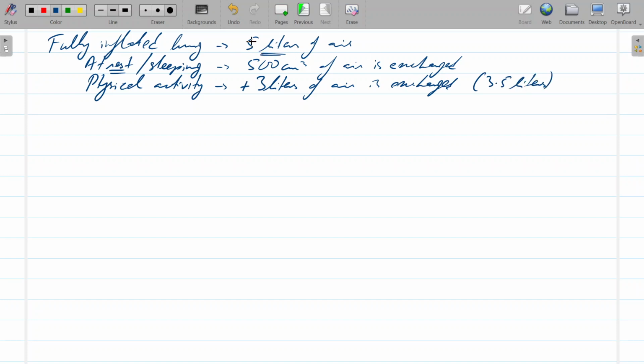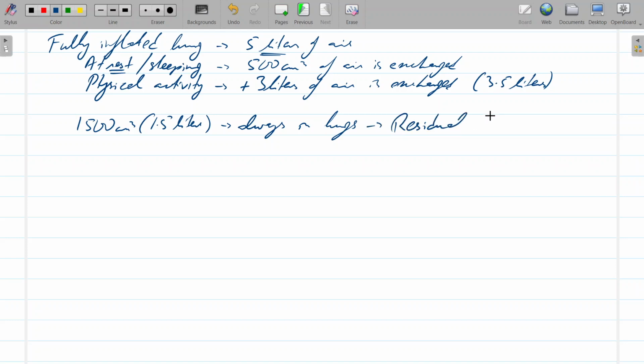What about the rest? It's a 5 liter capacity, so there's around 1500 cubic centimeters, or 1.5 liters, of air that always stays in the lungs. We're not talking about one lung, we're talking about the combined capacity of the lungs. This is called residual air. This is the volume of air that is always present in the lungs. You cannot remove it no matter how hard you breathe in and breathe out.